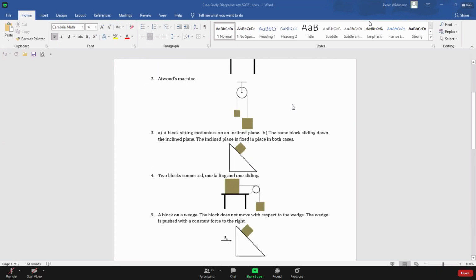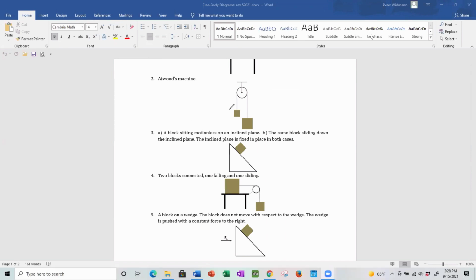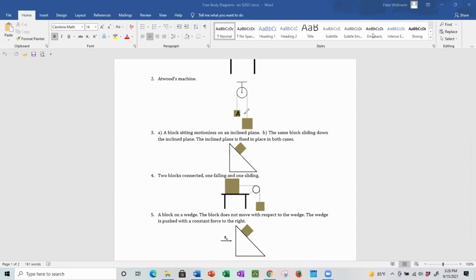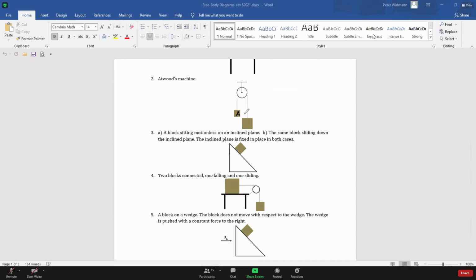All right, let's do the Atwood machine. Andreas, we'll call this block A. Would you please draw for us a free body diagram for block A? Can you annotate? Yeah, I believe I can.